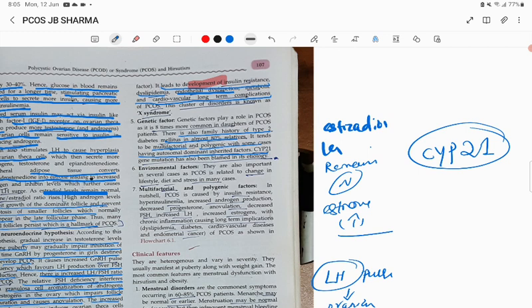Now to summarize. First is the insulin hypothesis: insulin resistance and hyperinsulinemia.